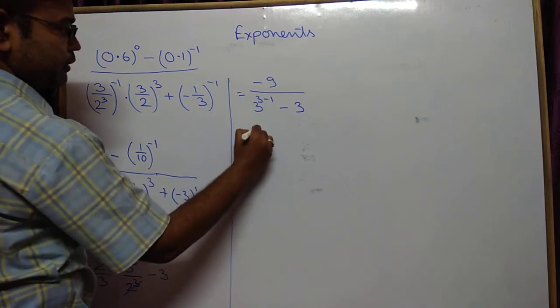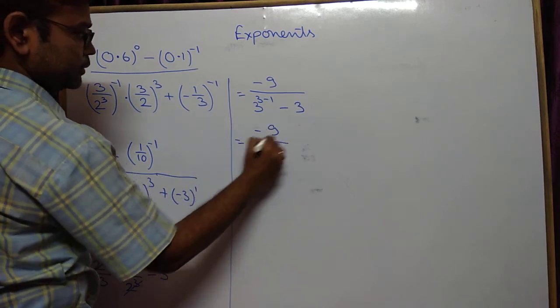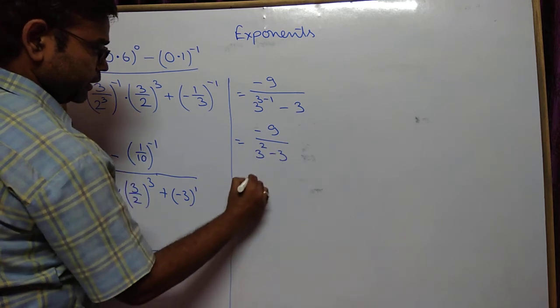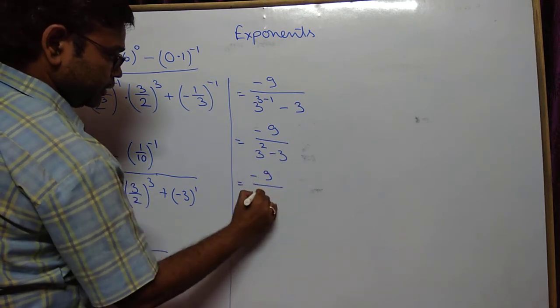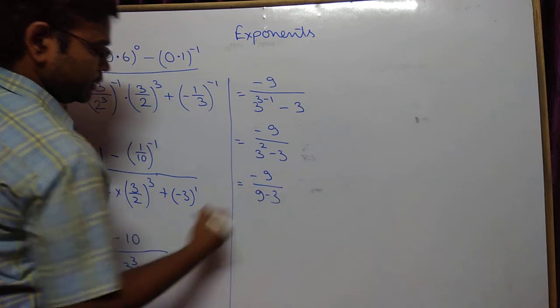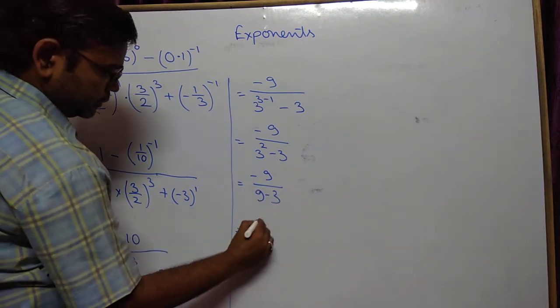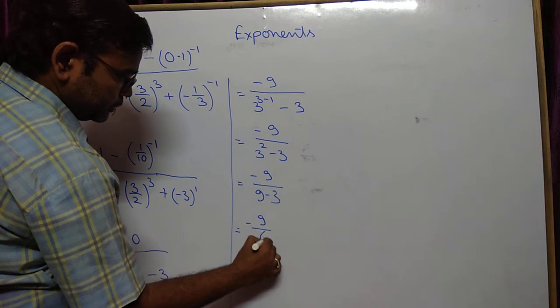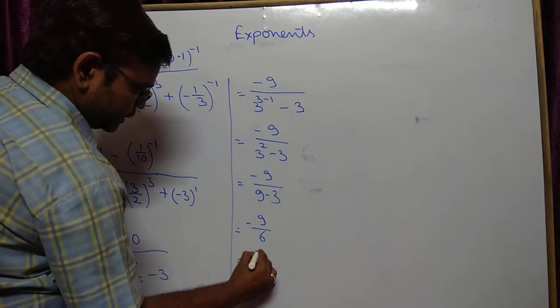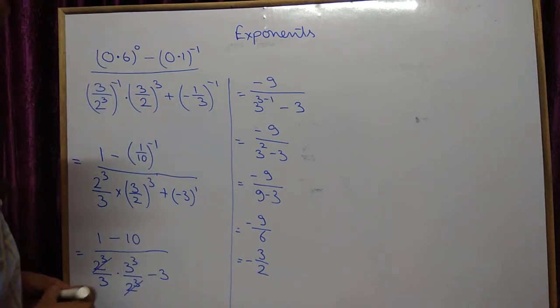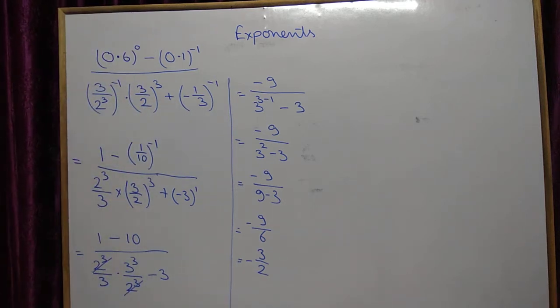Now we can see it's minus 9, 3 to the power 2 is 9, minus 3. It's minus 9 upon 6, it's minus 3 upon 2. So this is your solution. Likewise, you have to solve all other questions.